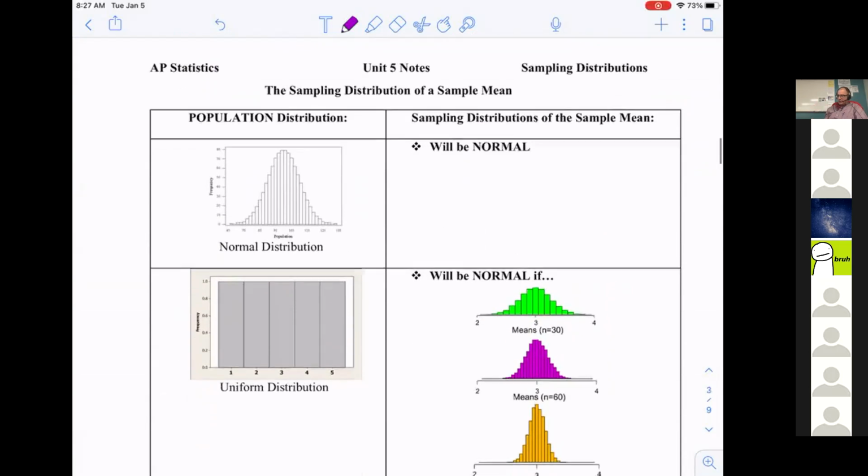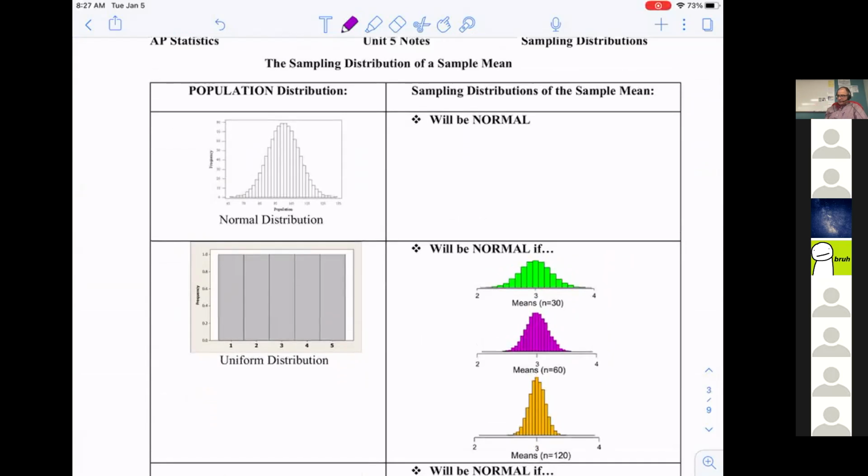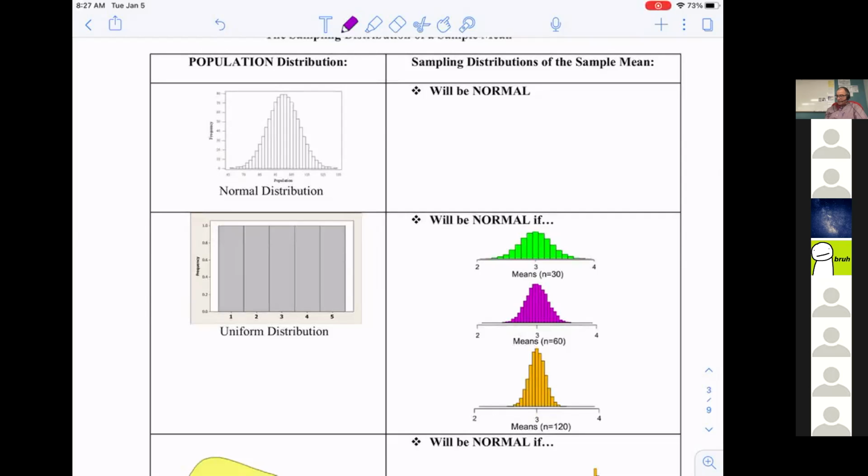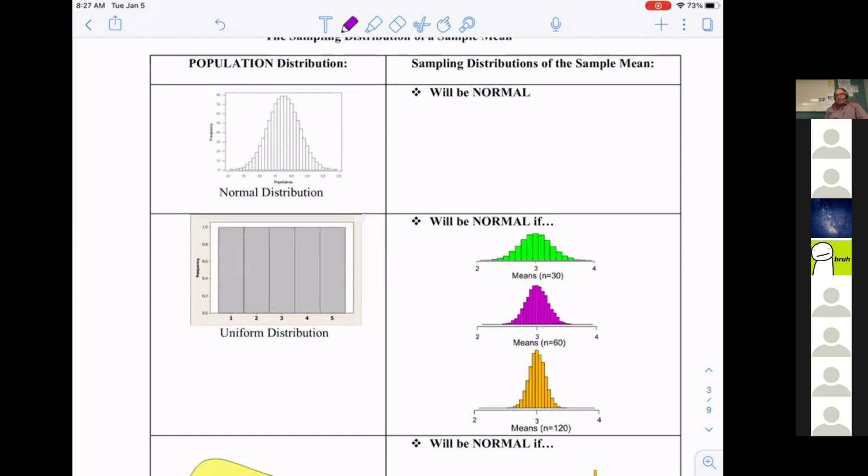Okay. All right, so let's talk about this. This is my sampling distribution versus a sample mean. Back earlier when we were discussing, I remember that as my sample size increases, my variability decreases. So here it is. If I have a normal distribution to start with, so my population distribution is normal, that automatically means the sampling distribution will automatically be normal.